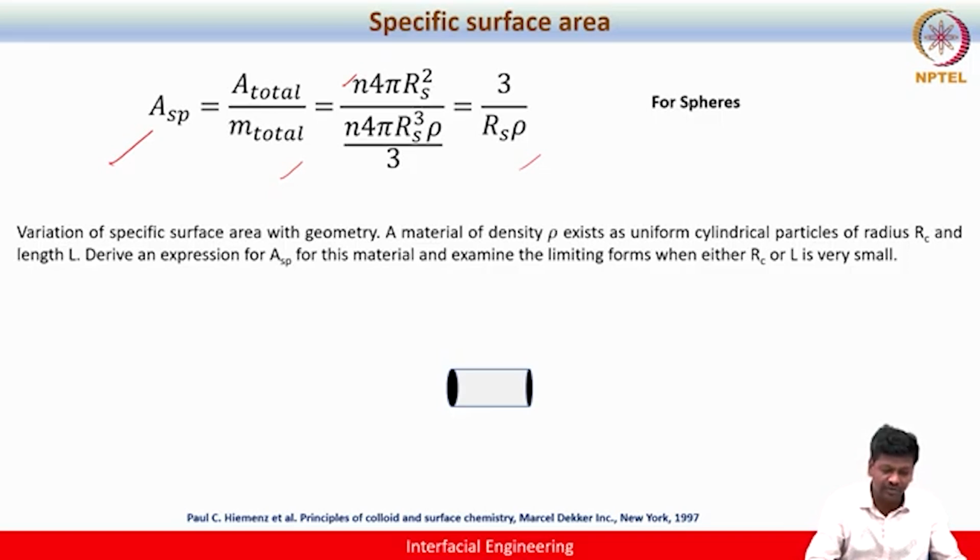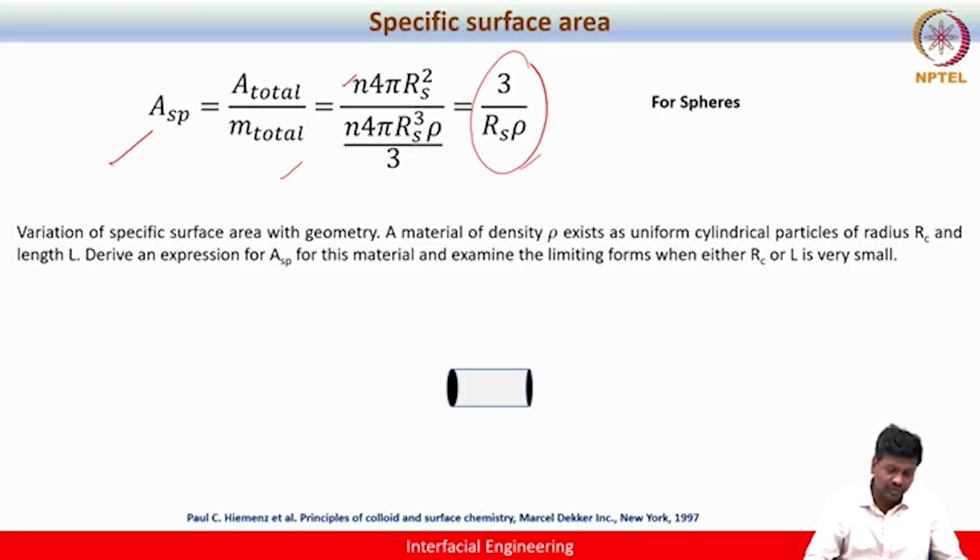Since volume is in this case 4 by 3 pi r cube, we also multiply this quantity by the number of particles, because there are a number of spherical particles. In this way, you will get a compact equation for a sphere, that is 3 by r rho, by knowing just the radius and bulk density of the particle that we deal with in the sample. One can get the specific surface area for a sphere.